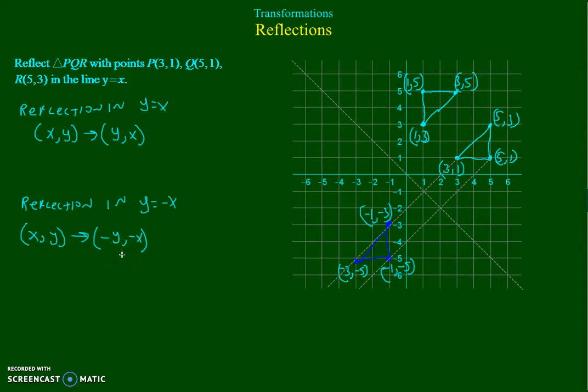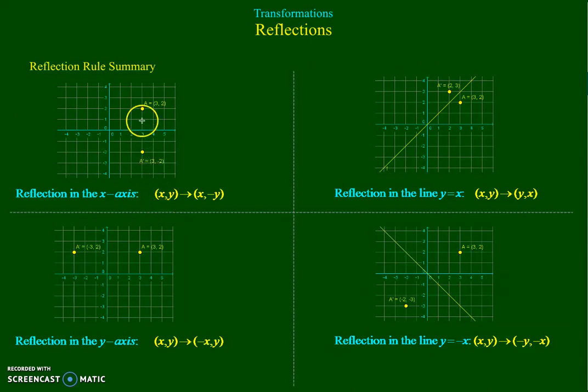So let's take a look at a summary of these transformation reflection rules. In the first one, we reflected across the x-axis. So we moved point A along a line perpendicular to the x-axis, and we can see that the x-coordinate stayed the same, and the y-coordinate went negative, so y went to -y.